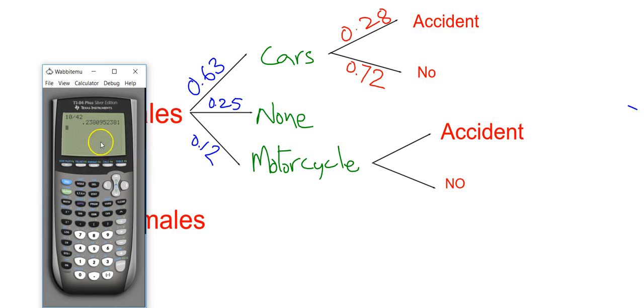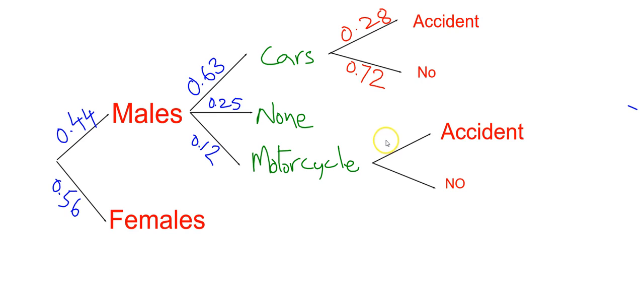On rounding it, I can get 0.24. 0.24 are involved in accidents. So 0.76 are not involved in accidents. So now we have the whole picture about the male students.